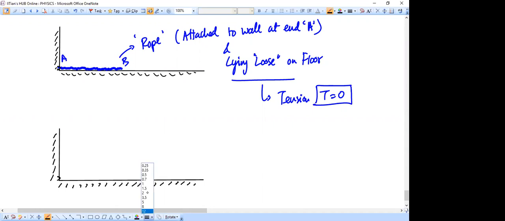But what I'm also doing is, this other end B, I'm pulling it with an external force. So somebody or something is actually pulling this side with some external force. Let's say 10 newtons.